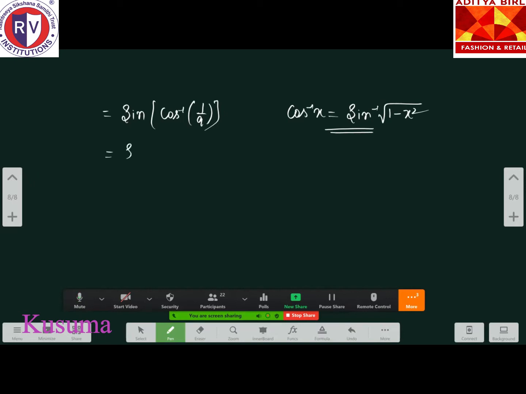That is sine of sine inverse of square root of 1 minus x square, where x is 1 by 9. So 1 by 9 whole square will give us 1 by 81. That is sine inverse of root of 80 by 81.